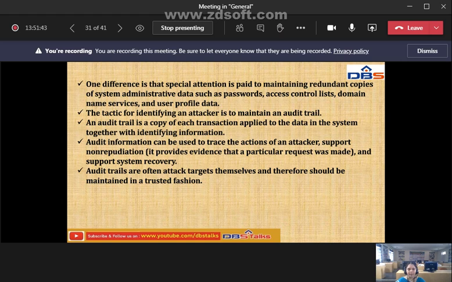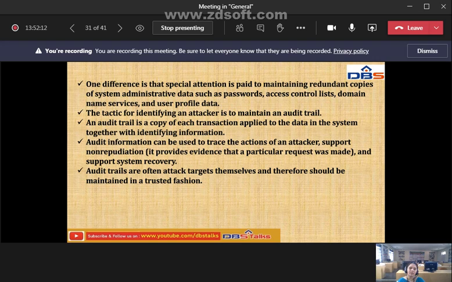The DBA, the database administrator, maintains these redundant data: passwords of the legitimate users, access control lists, that is, who gets the permission to access, and domain name services.